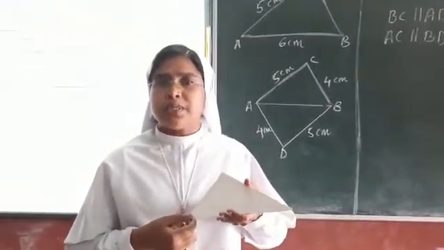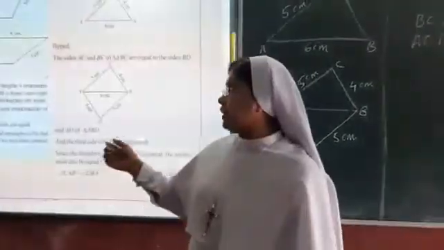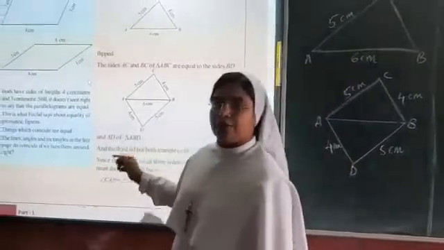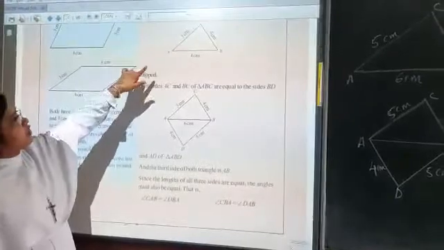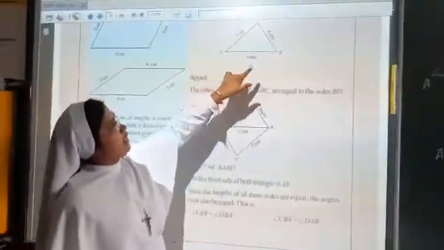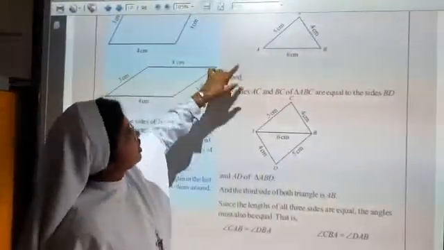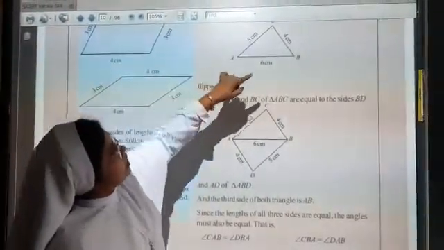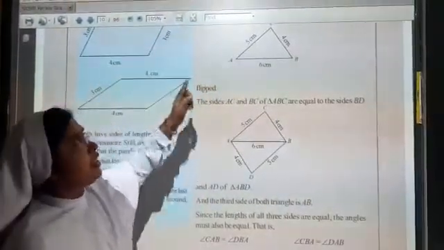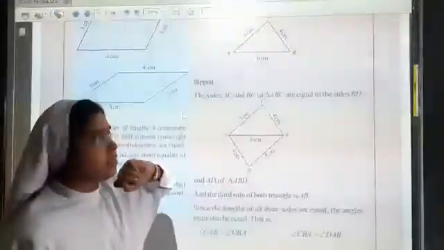So based on this principle, we are going to deal with page number 10 of your textbook, and you will see here a triangle ABC, in which AB is equal to 6 cm, BC is equal to 4 cm and AC is equal to 5 cm.